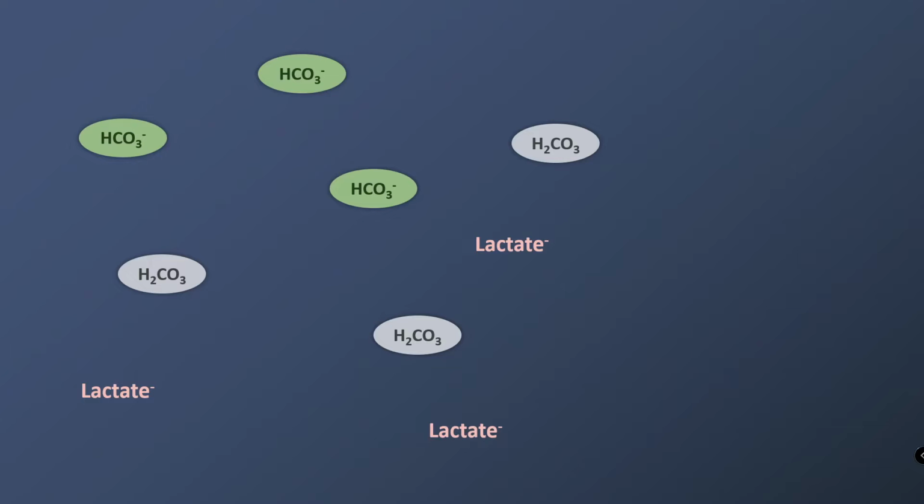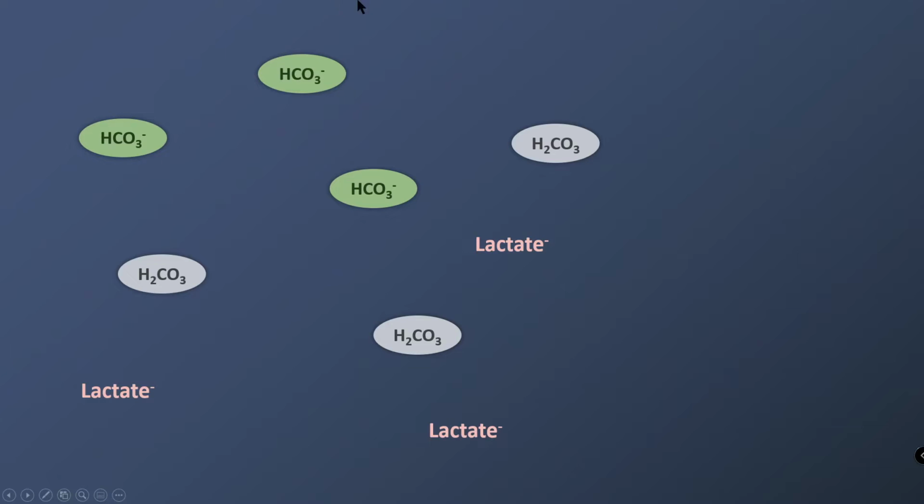Bicarbonate will pick up H positive and convert it into a very weak acid. Carbonic acid is a very weak acid. So you just consider that a strong acid is being converted into a very weak acid, and because of it, acidosis is there, but a very large decrease in pH is not there, right? So you got the point. So pH changes are minimized, and that's how buffers work, right?